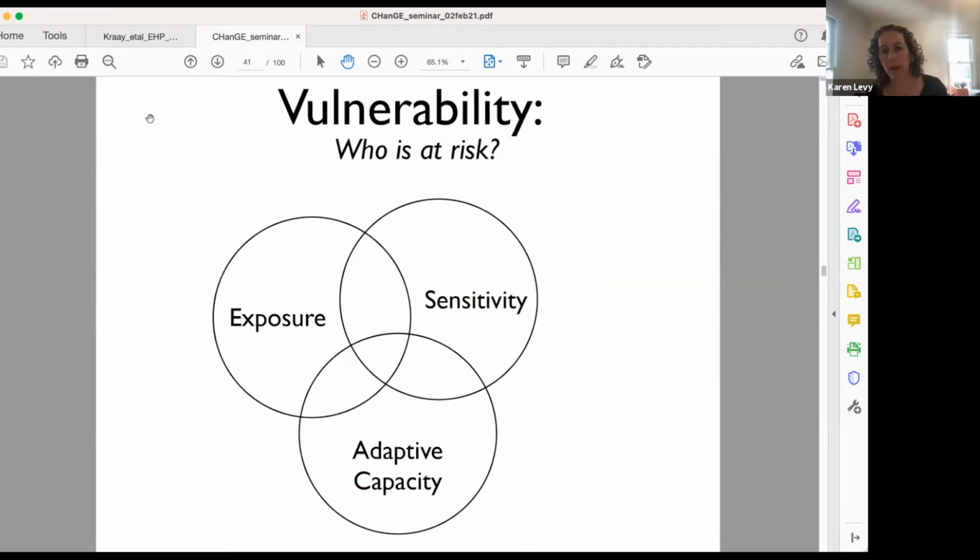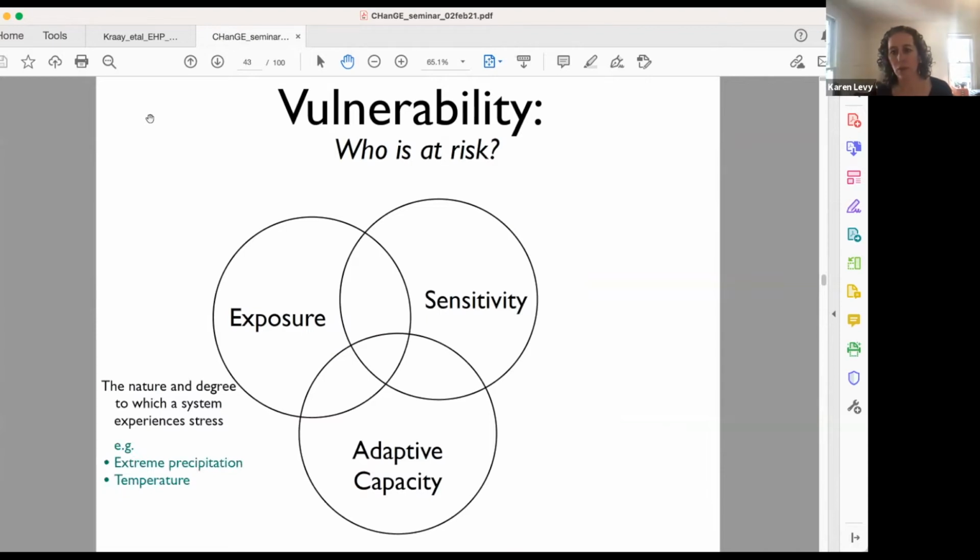So when we think about vulnerability and social vulnerability, we have to take into account not just the exposure, like the actual climate impacts of extreme precipitation, temperature, whatever it is, but we also have to think about the sensitivity of the system. That's the degree to which the system is actually affected or modified by the exposure.